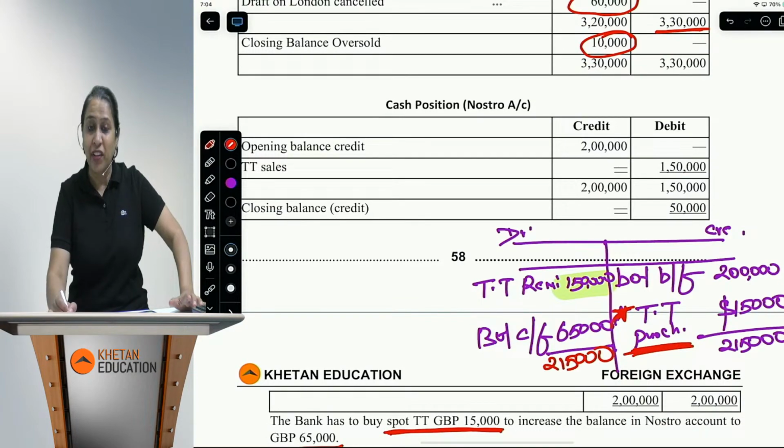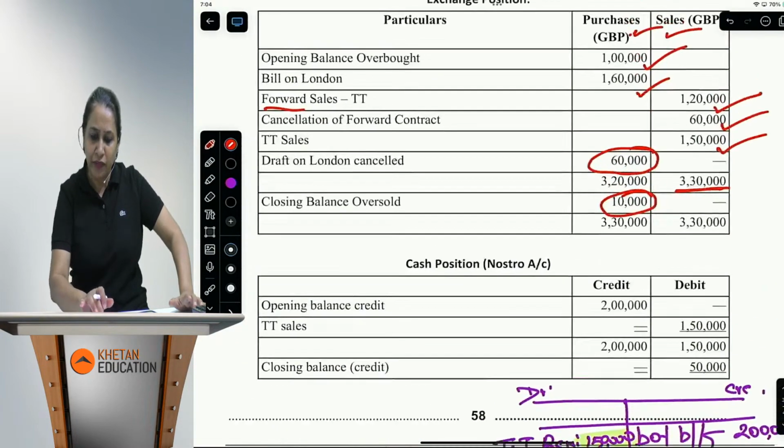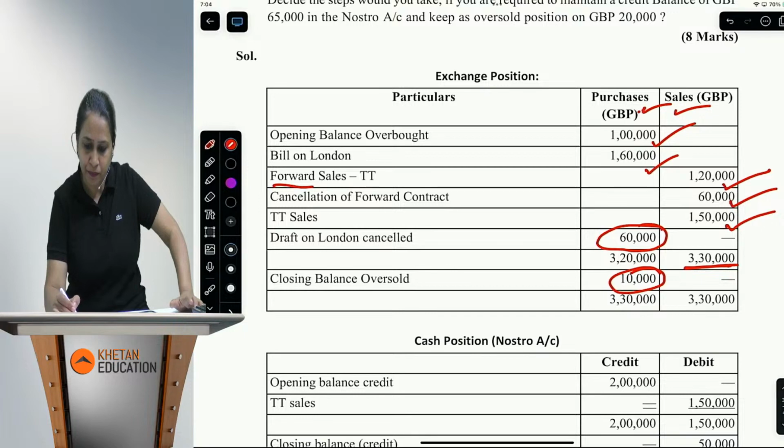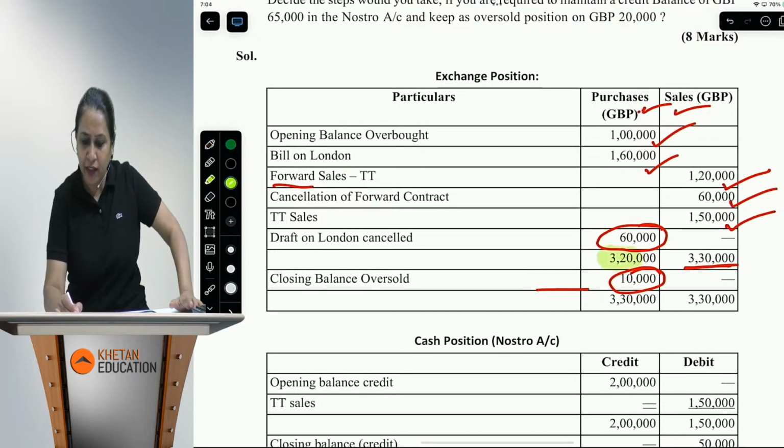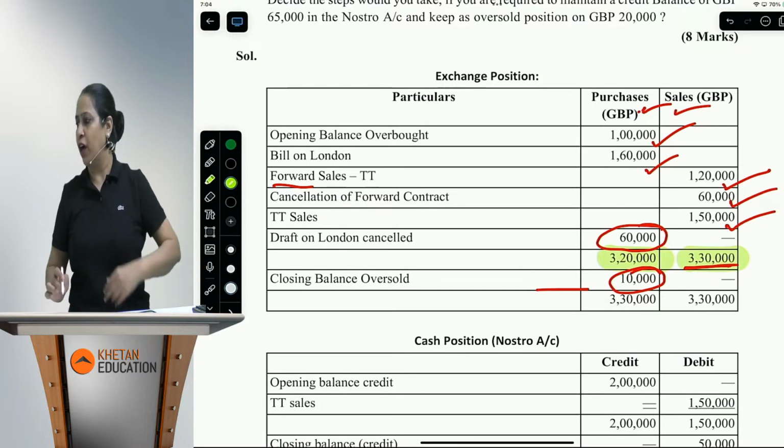In purchase, you will add 15,000 here. So this will not be 320, rather this is actually 335, and this is 330. So basically it is not oversold by 10,000, it is overbought by 5,000.